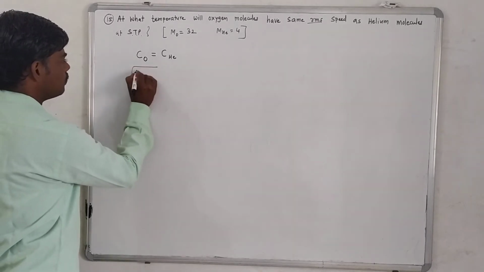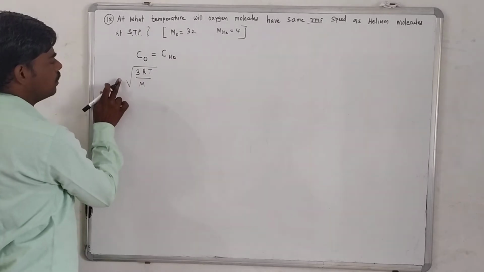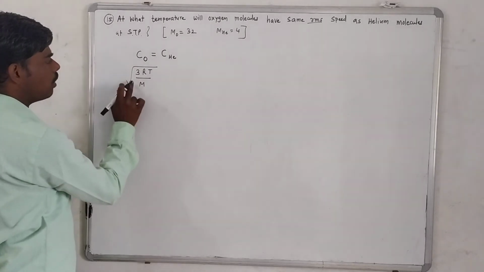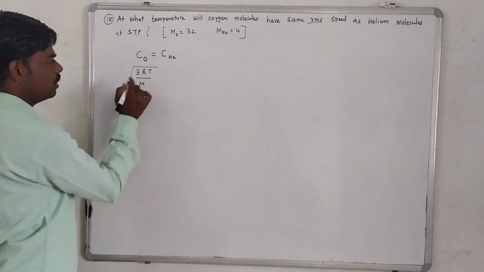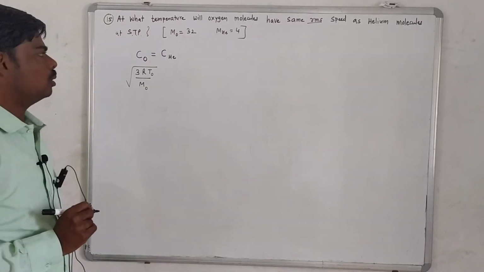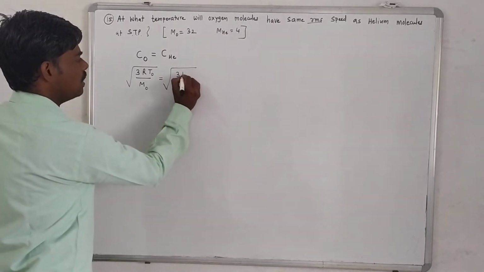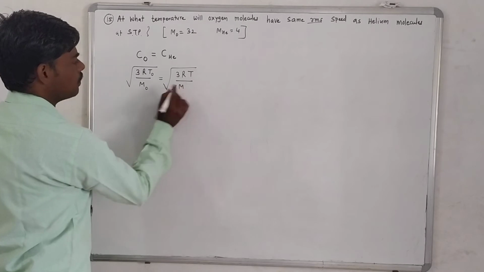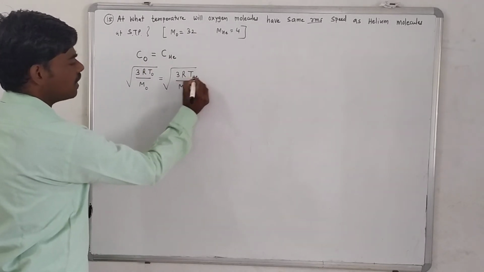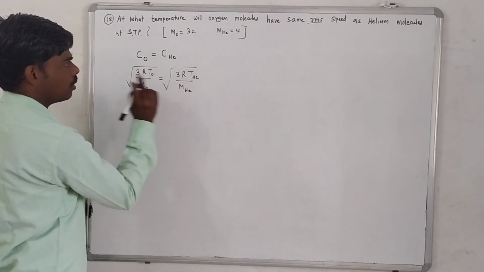Under root 3RT by M. We write this equation for the oxygen molecule, so T_O and M_O, temperature of oxygen and molecular weight of oxygen, is equal to square root of, again, 3RT by M. This equation we write for helium, so T_He and M_He, temperature of helium and molecular weight of helium.